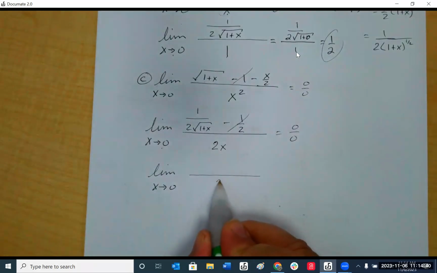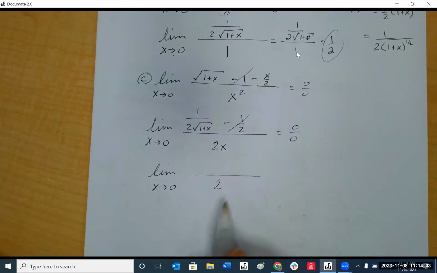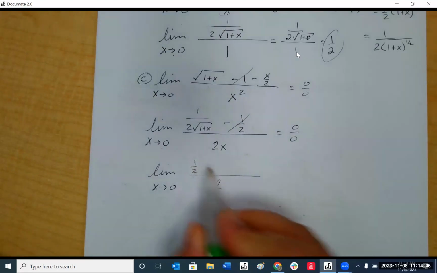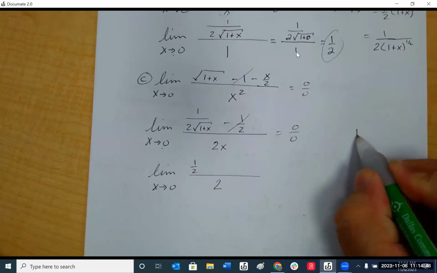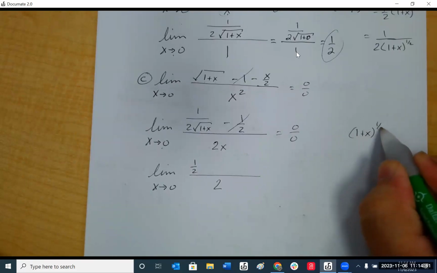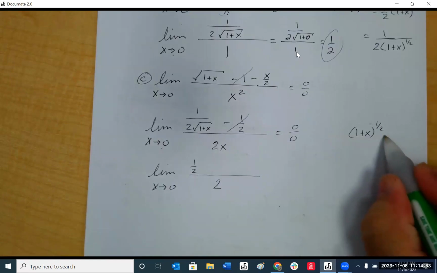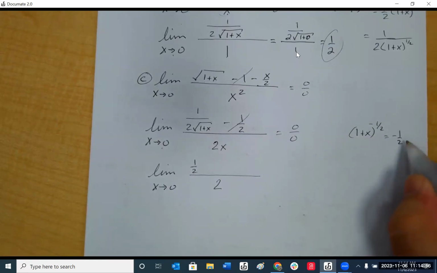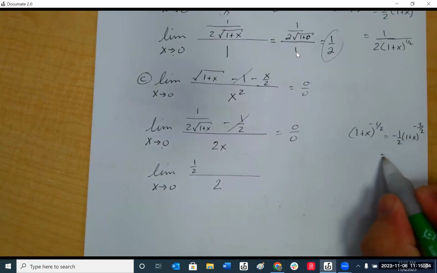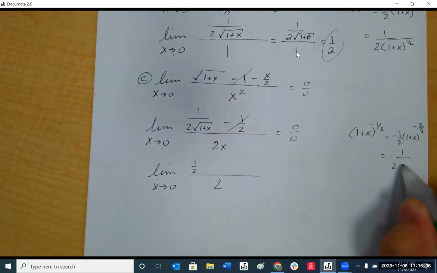That one disappears. The bottom becomes 2. So we have 1 plus x to the power negative 1/2. So it's negative 1 over 2 times 1 plus x times square root of 1 plus x.